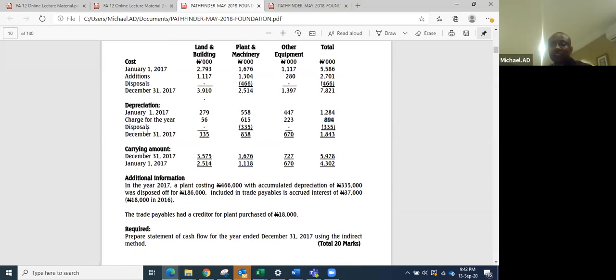Also, there was a place that says disposal. Inside this disposal, they said plant costing this amount, 466, with accumulated depreciation of 335, was disposed of for 186,000.